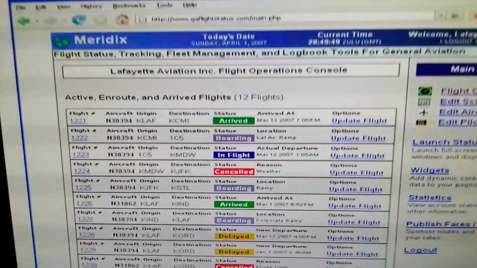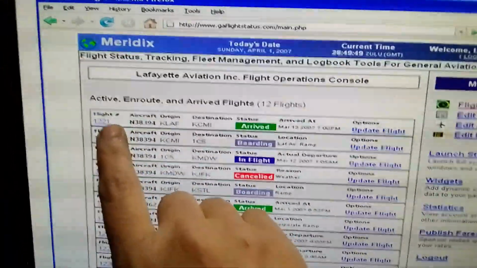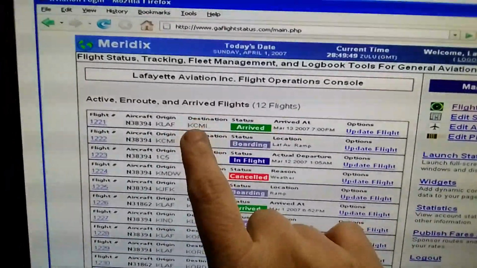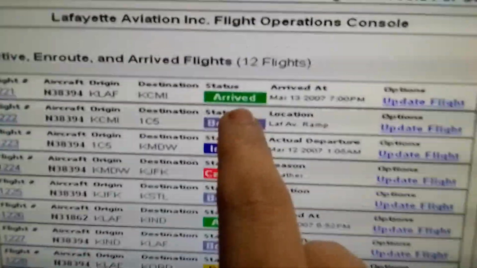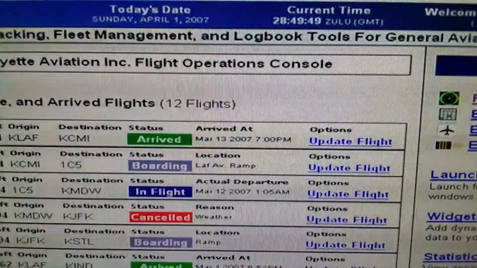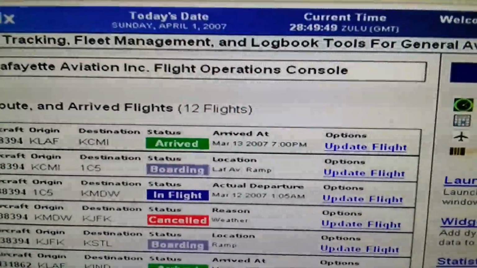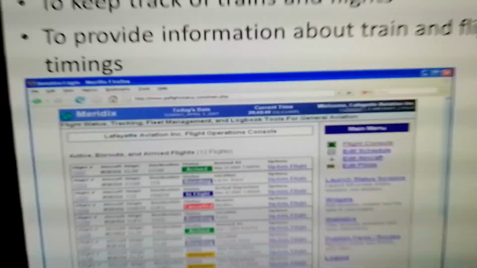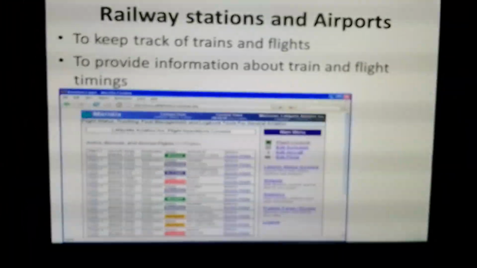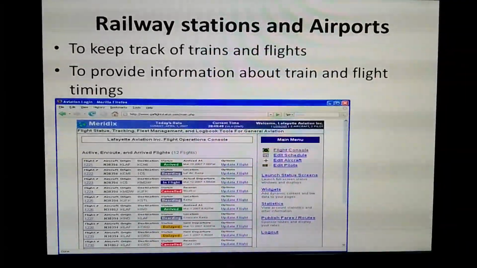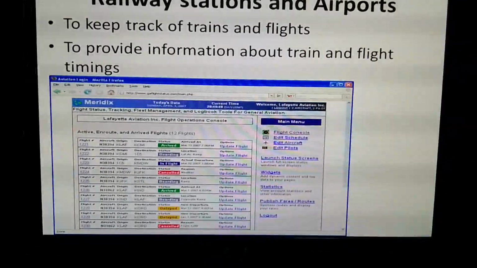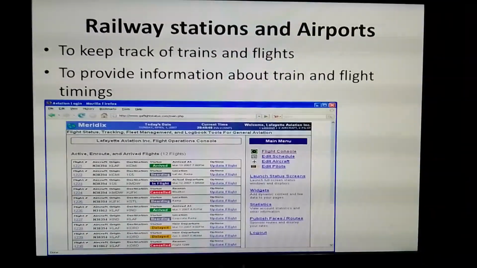See this image. Here we can see the status of this flight: the flight number, origin and destination, and status, arrived. This way computers help at railway stations and airports.